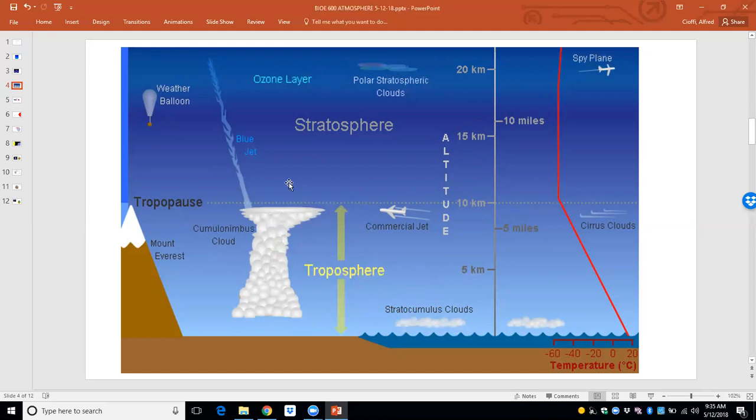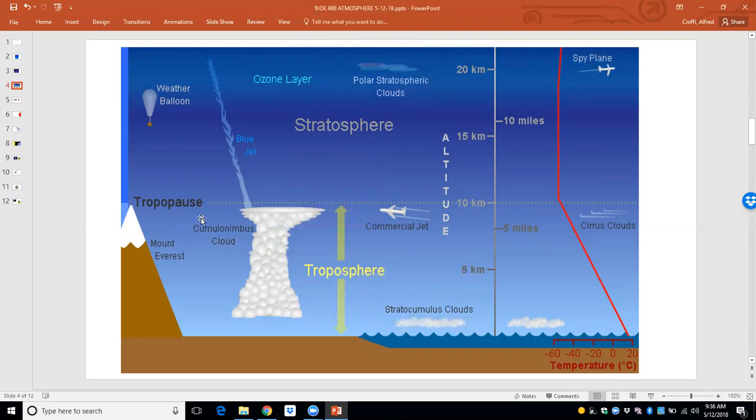The transition between spheres is called a pause. So the transition between the troposphere and the stratosphere is a tropopause. And then between the stratosphere and the mesosphere, what do you think that name is? I'll give you the first half. Stratopause, okay?